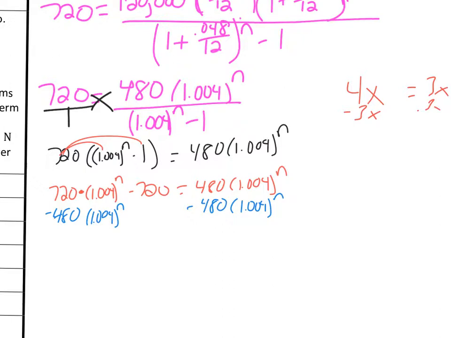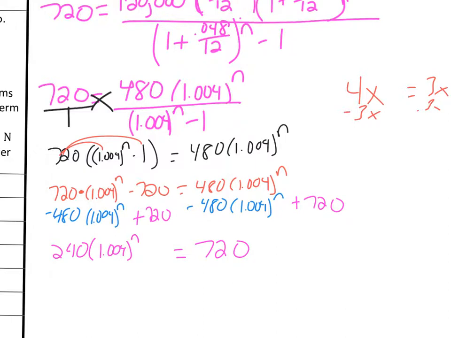And at the same time I do that, I'm going to add the 720 over, because I know that's supposed to be on this side over here, so plus 720. So now I get 720 is on the right, and when I do my 720 minus my 480, it's like 720 x's minus 480 x's, right? I'm going to end up with 240 of those same things. So I get 240 of the 1.004 to the power n's.